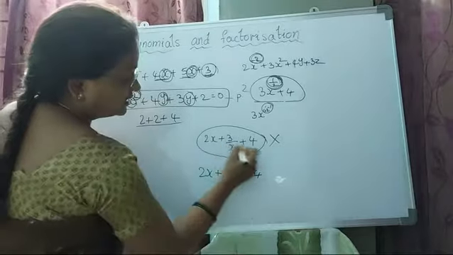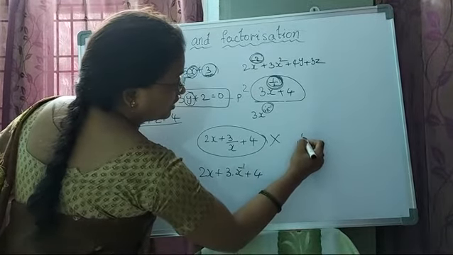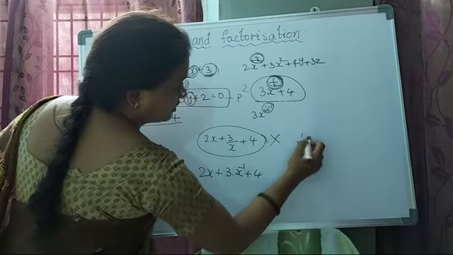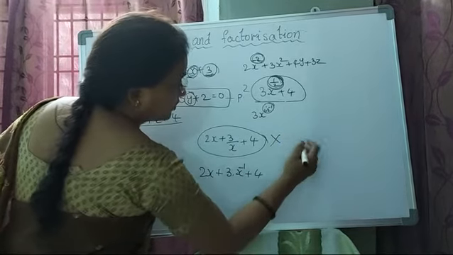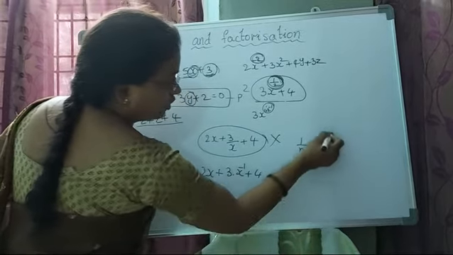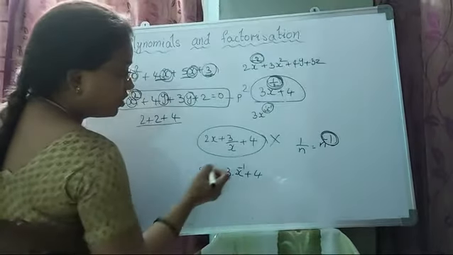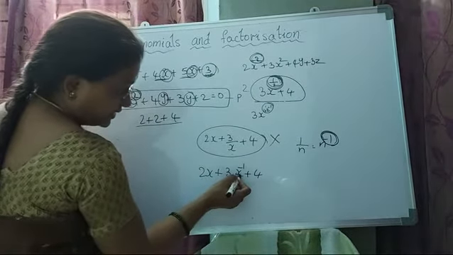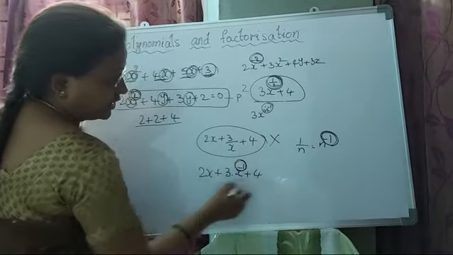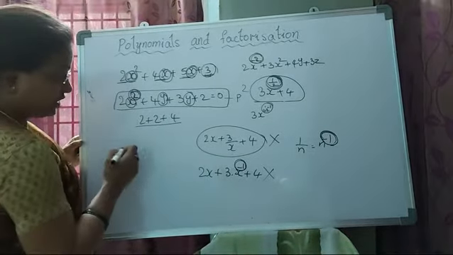This is according to the formula 1 by n is equal to n power minus 1. So if you write like this, it is having a negative exponent. So, it is not a polynomial.